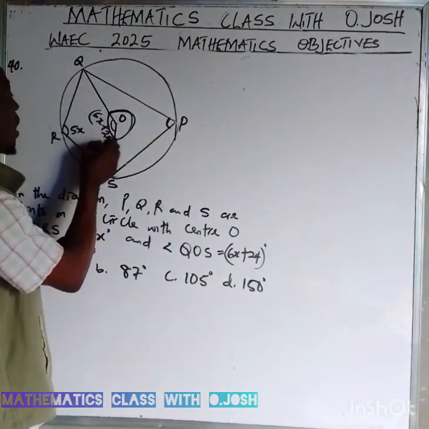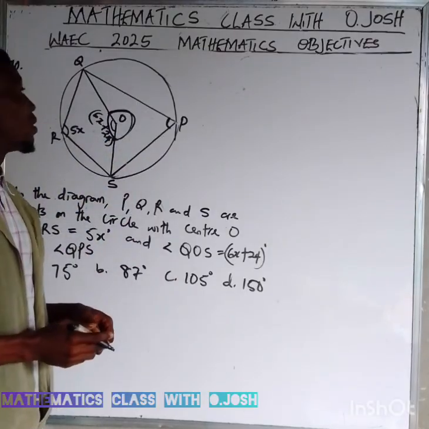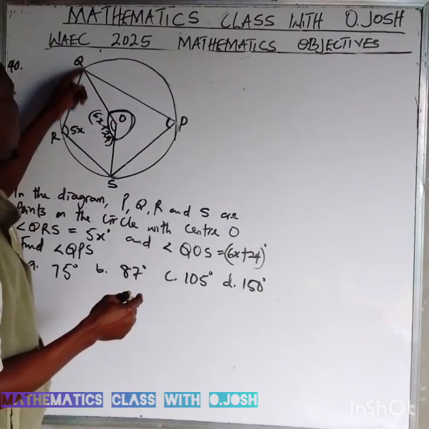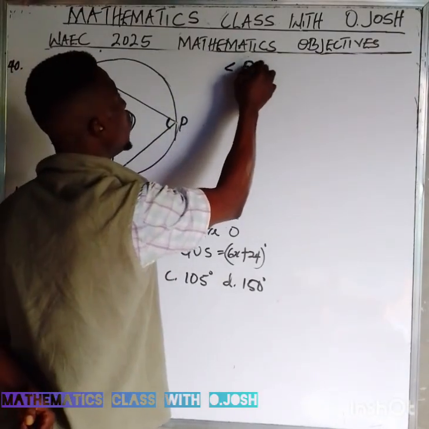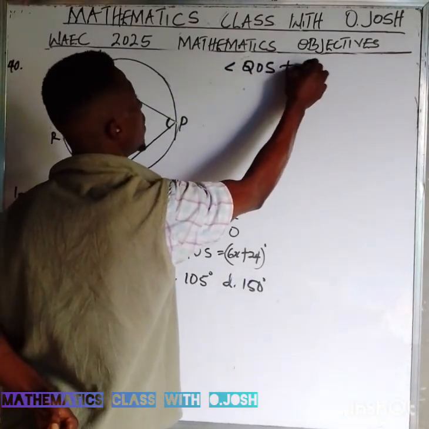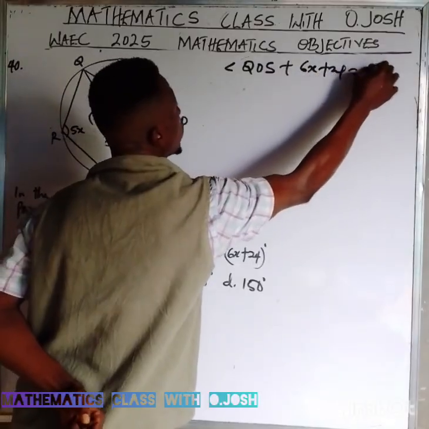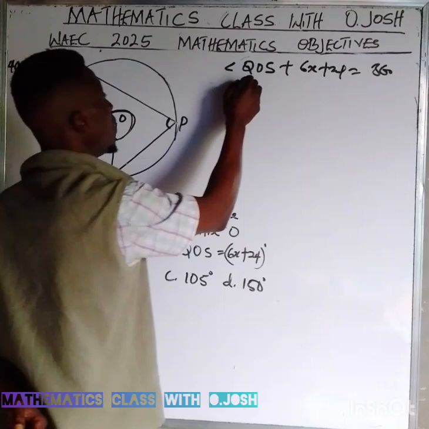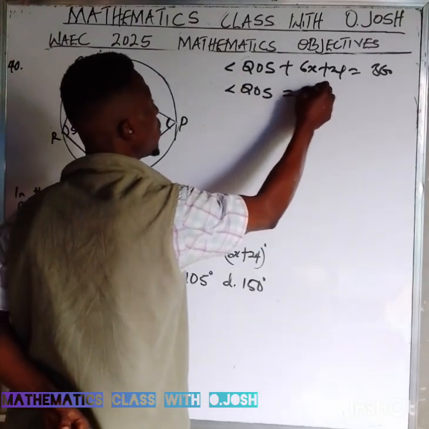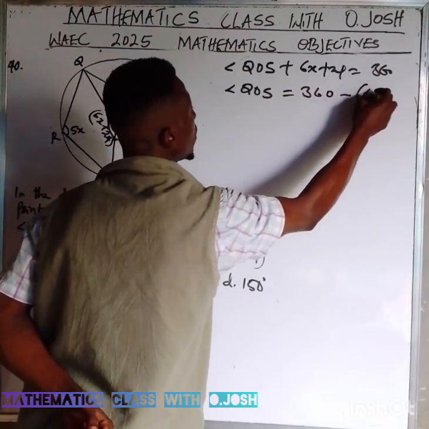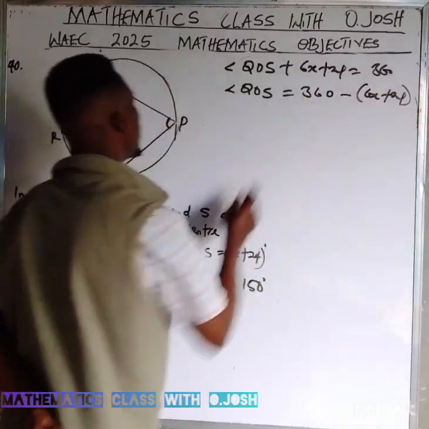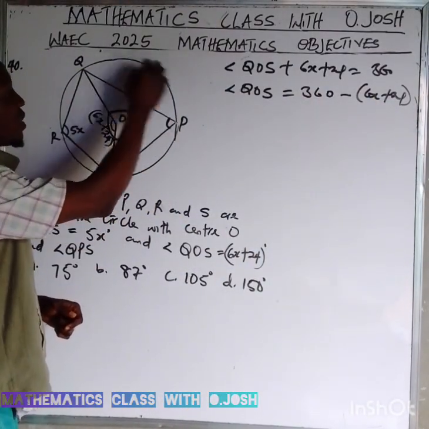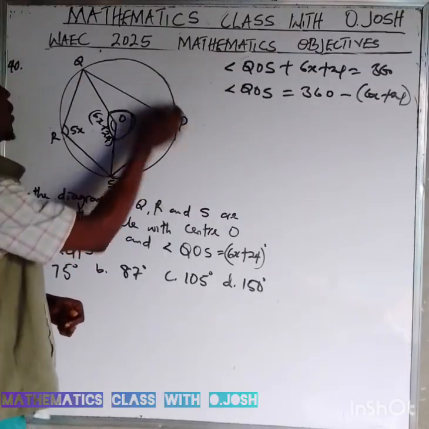Then we can write angle QOS plus 6x plus 24 is equal to 360. And angle QOS is equal to 360 minus (6x plus 24). That's the angle at the center of this major arc SPQ.